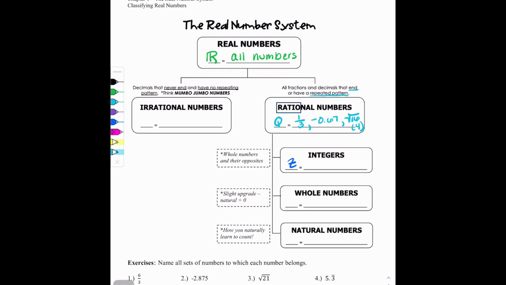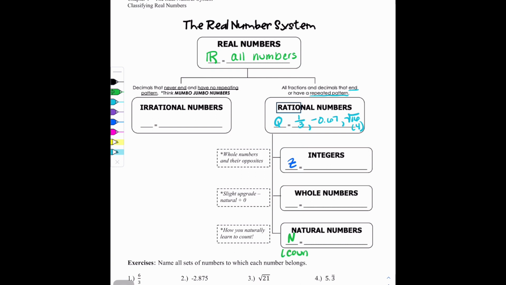So since we're using these to define them, why don't we go all the way down to the natural numbers and talk about those. For the natural numbers, we're going to use the letter N, and we're going to call the natural numbers also known as the counting numbers.